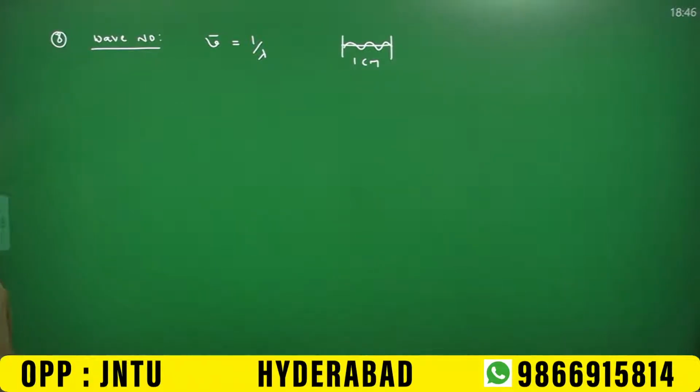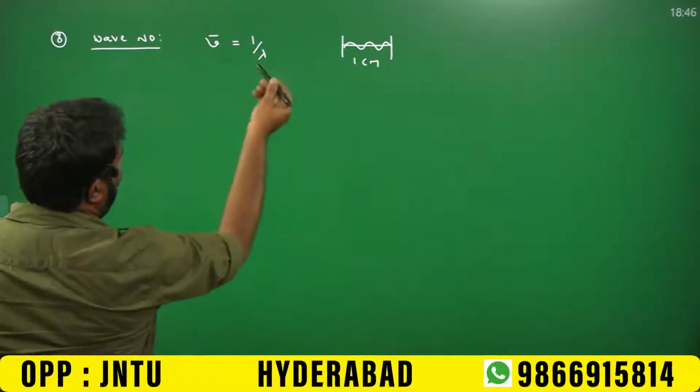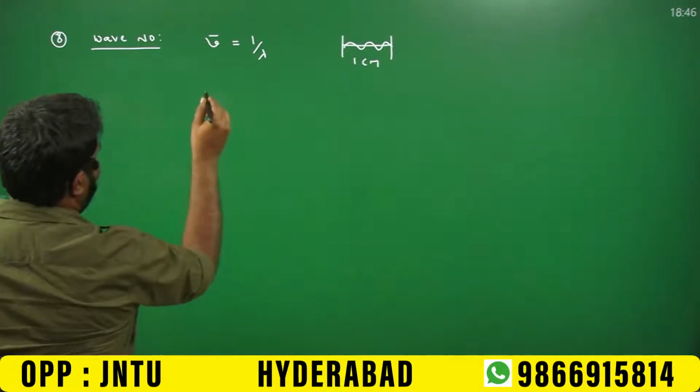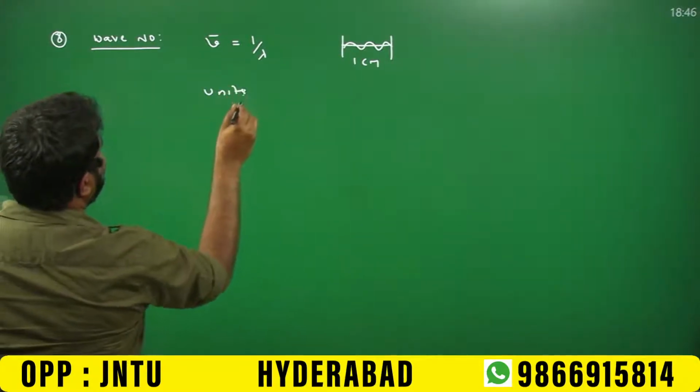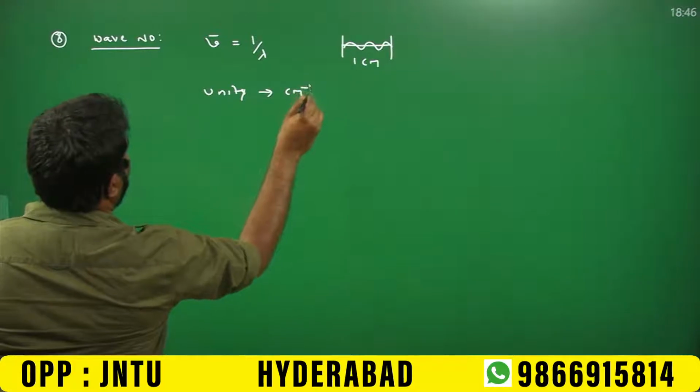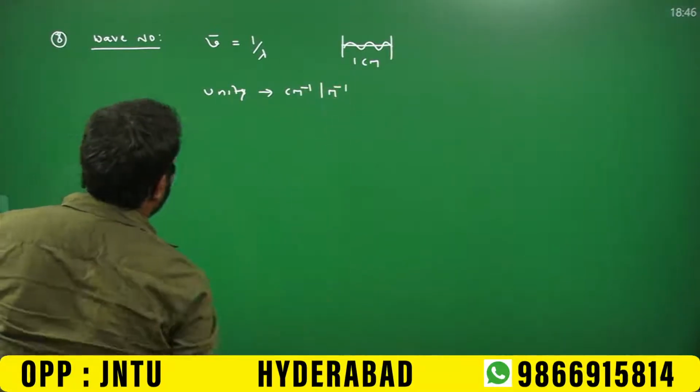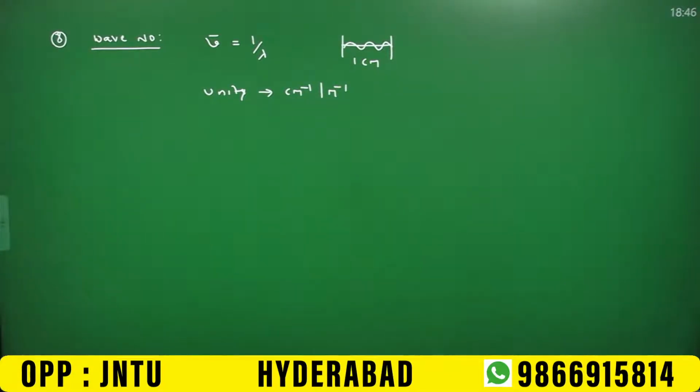So nu bar equals 1 by lambda. What are the units? Centimeter inverse or meter inverse.